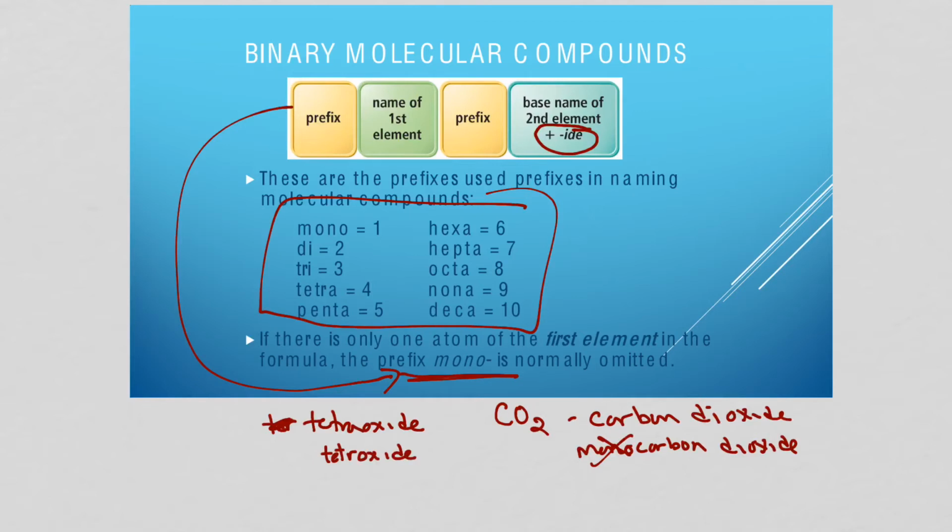We would drop the A. If we had monooxide, we would drop one of the O's. So we have that OO or AO combination; we drop the first vowel. Now, those are subtleties. It's not technically wrong if you don't do it, but it's the common way that we want to get better at naming these things.